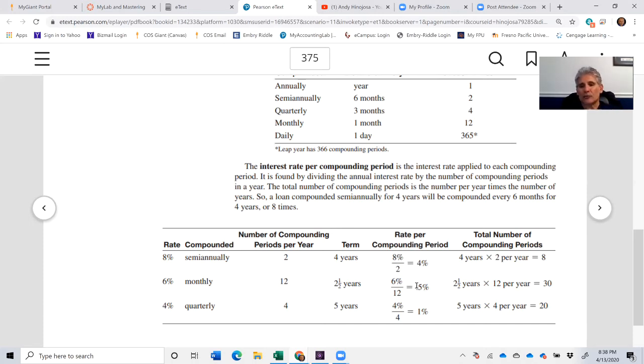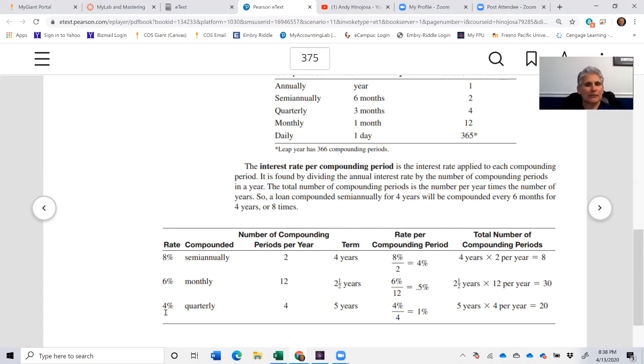That's the interest rate per period. The total number of compounding periods, we're going to take 2.5 years and multiply it by 12 periods per year. 2.5 times 12. We get that from here. That's going to be 30. So the number of periods is 30.